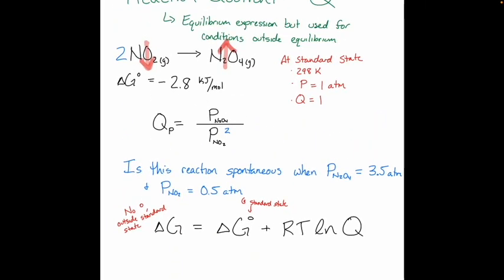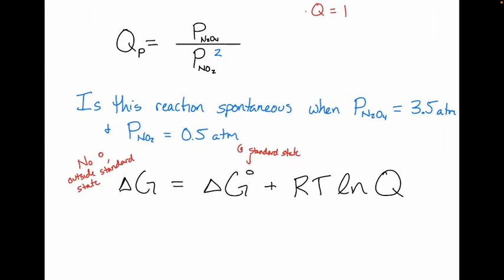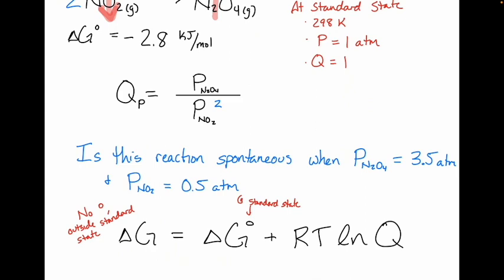R and T are, again, as we discussed, the ideal gas constant and the temperature. We calculated our delta G naught here, right? So in our equation, we got everything we need. We just need to figure out what Q will be under these conditions.